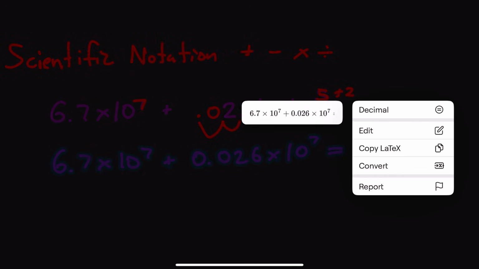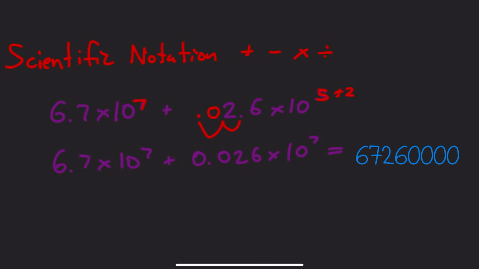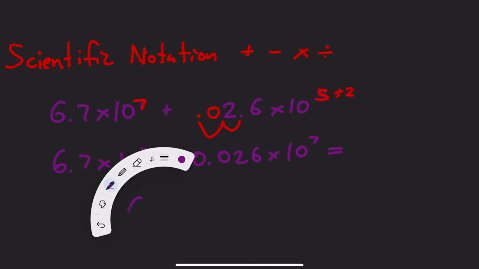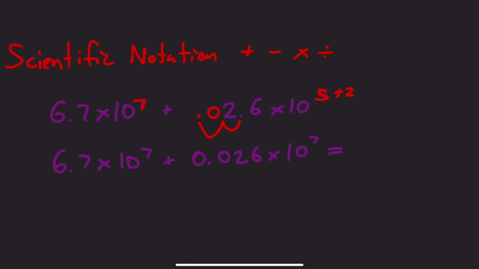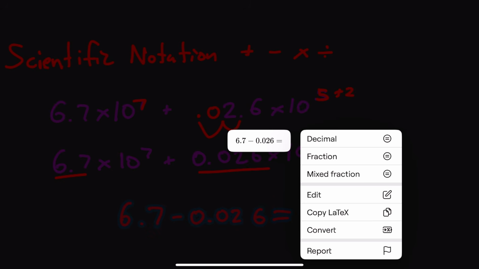My calculator definitely helps me a lot in that case. I'm going to first add the first numbers, the 6.7 and the 0.026. Let's see what it equals. Nice, okay.